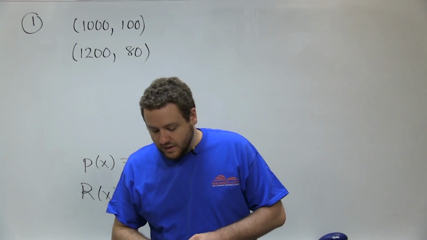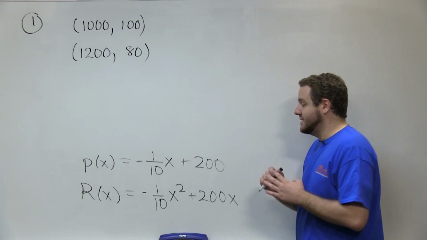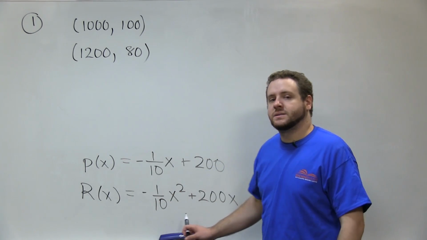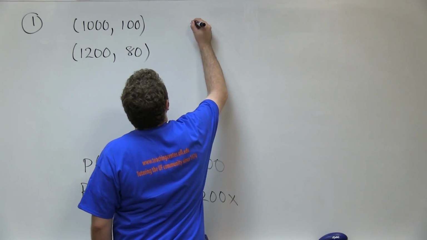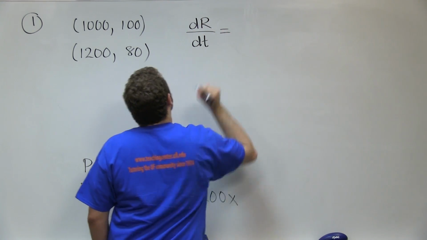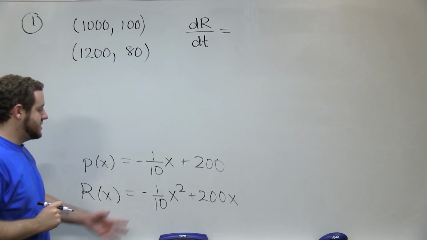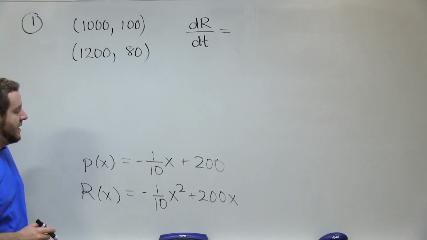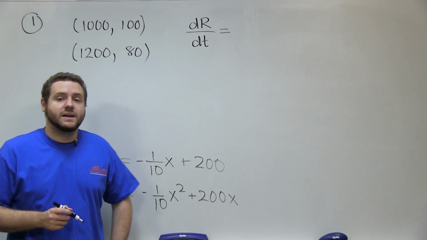So we want the rate at which revenue is changing with respect to time, so that means we want dr dt. So we're going to be taking the derivative of this equation, r of x, but with respect to t. So that's going to give us that dr dt is equal to, now let's take the derivative here. This derivative is going to look almost the same as the previous step, except that every time we take the derivative of something that involves an x, we have to multiply by dx dt.